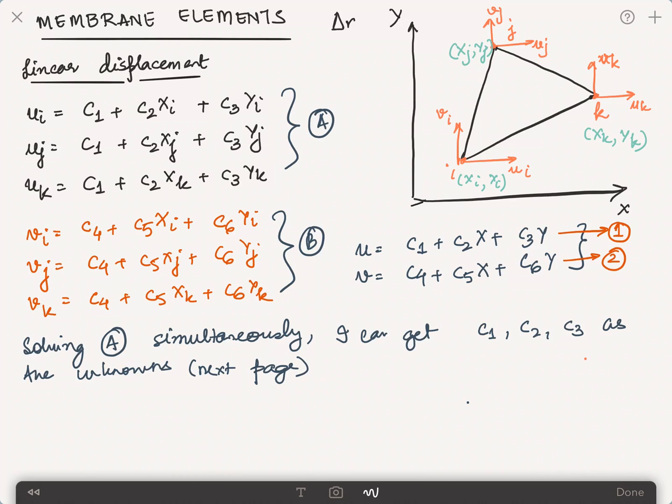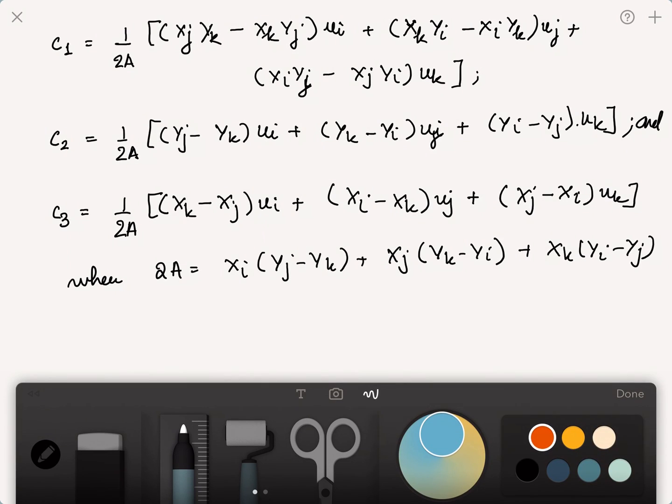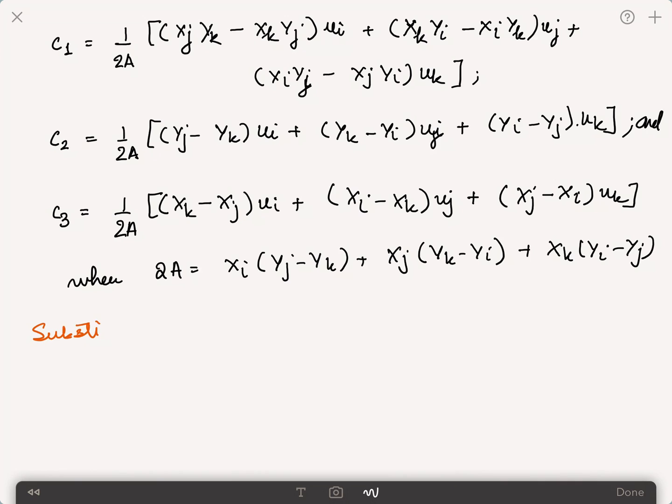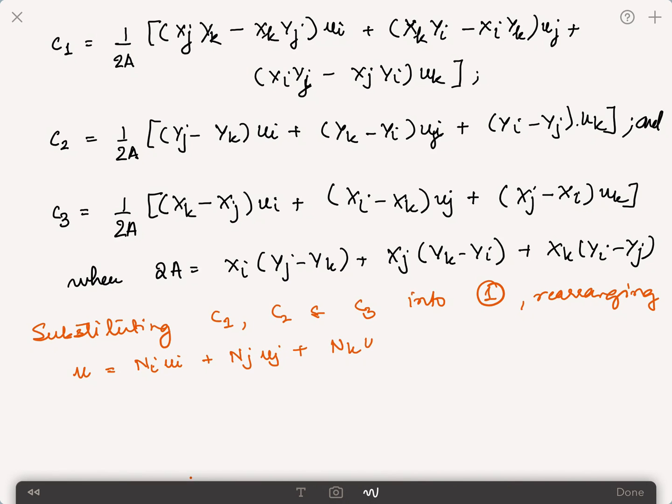If I want to find out what u is, then I must go back to the next slide, and substitute C1, C2 and C3 into equation 1 and rearrange, as I always say, in a form where I can get u is equal to Ni times ui plus Nj times uj plus Nk times uk, something like this, is what I want to achieve. So rearranging, we get something like this. Okay, and this is quite an important result for always.